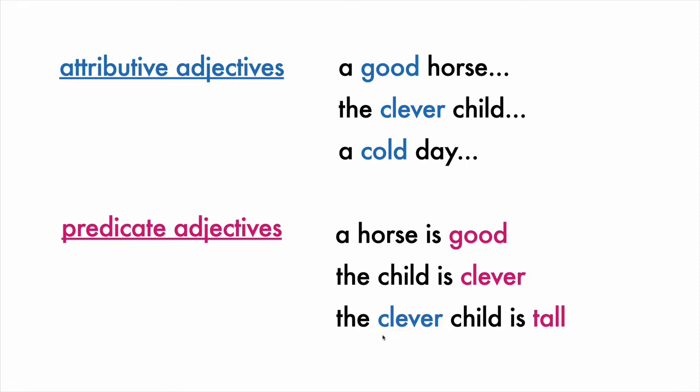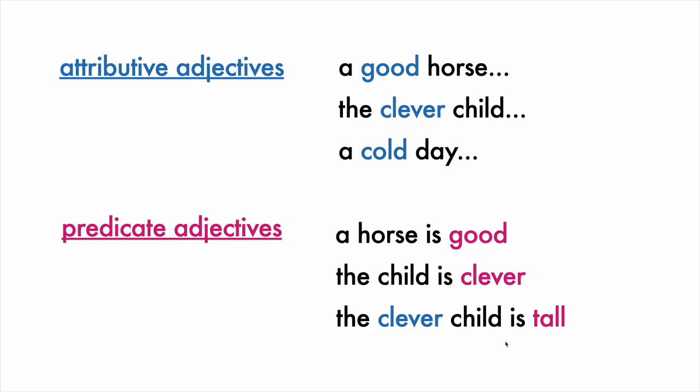You can see in this sentence, clever is an attributive adjective because it picks out a certain child. Imagine there were 6 children in front of us, and I said, the clever child. Now you're attending to a specific child, and then we use another adjective, a predicate adjective, to say something about that child. The clever child is tall, but the other children are not.